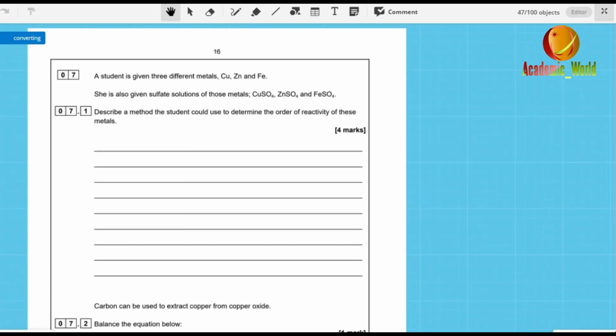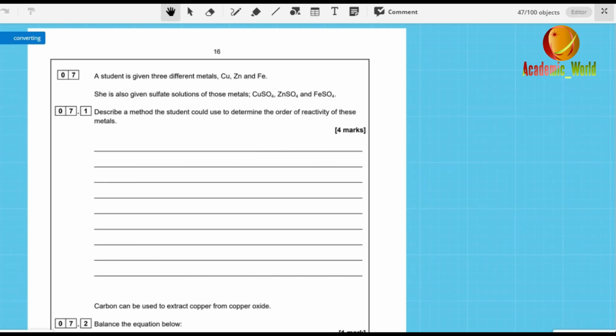Now question number 7. A student is given 3 different metals: copper, zinc and iron. She is also given sulfate solutions of those metals: copper sulfate, zinc sulfate and iron sulfate. Describe a method the student could use to determine the order of reactivity of these metals. Here, first of all, immerse each metal in different sulfate solutions.